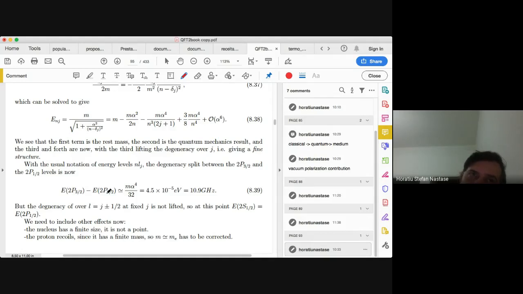There's a photon that corresponds to the transition, and you can detect this and see what frequency that corresponds to, and it corresponds to 10.9 gigahertz.